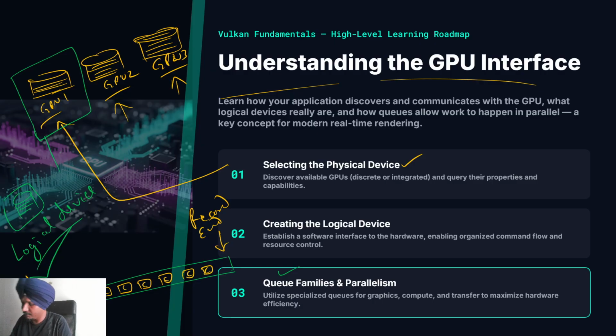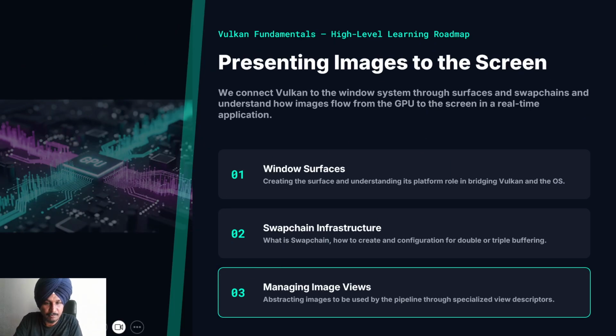Command buffers accumulate commands in a sequential way. We will see this, but the idea is to get a good insight of Vulkan through this program today. So let's see what we will do next.